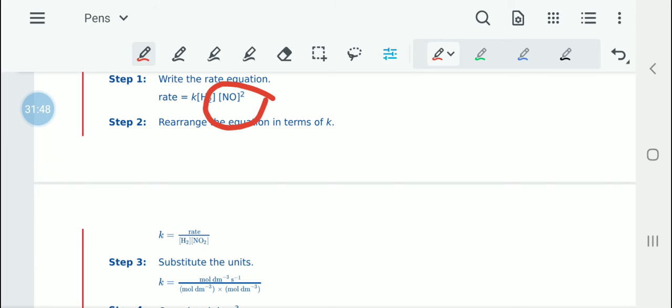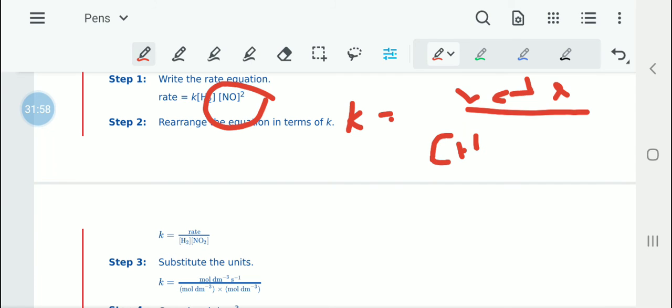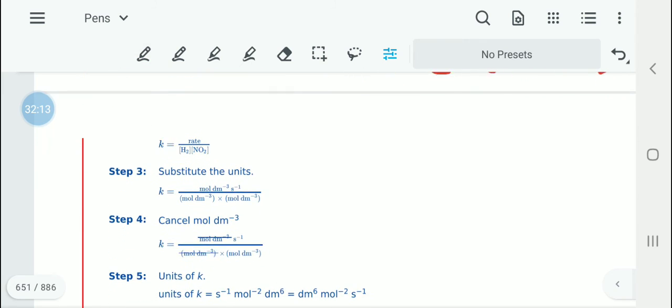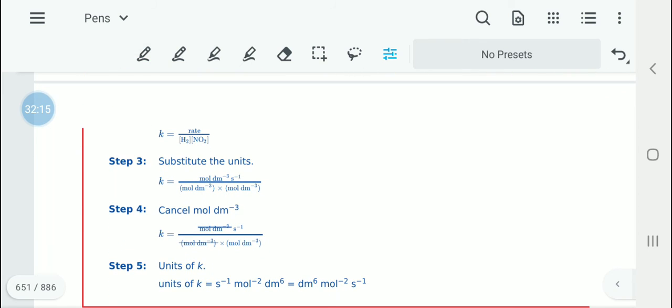So k is going to be rate over [H2] concentration and [NO] concentration to the power 2, not NO2. Nitrogen dioxide is not involved in this. Now you have to substitute the units.